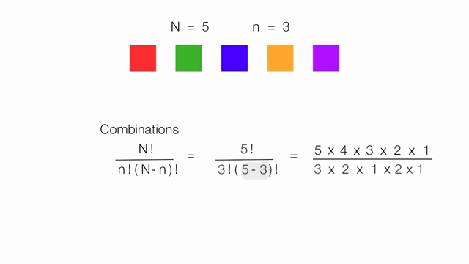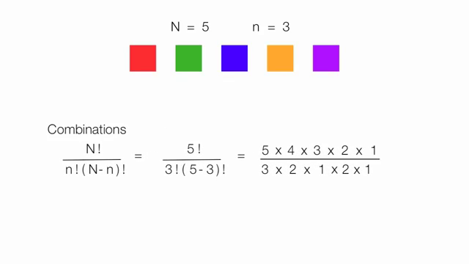I could pound this out in the calculator, but I'm going to look for things to cancel first. Let me slide this over to the left slightly first, like that. I can cancel the 2 times 1 in the numerator and the denominator. And also the 3 cancel as well. This leaves me with 5 times 4 in the numerator and 2 times 1 in the denominator.